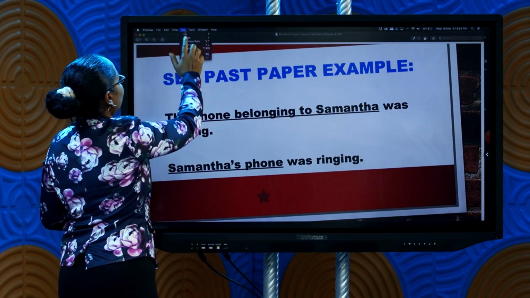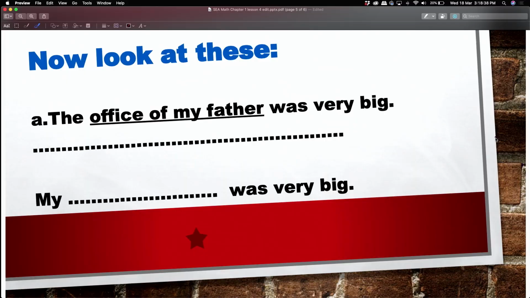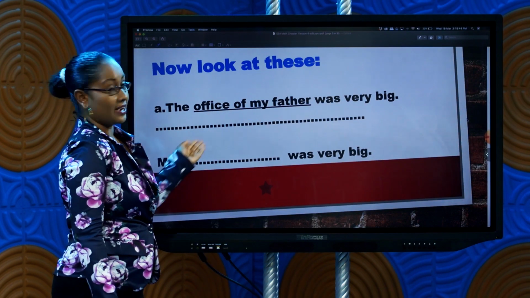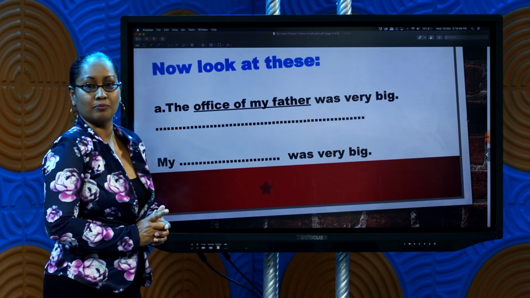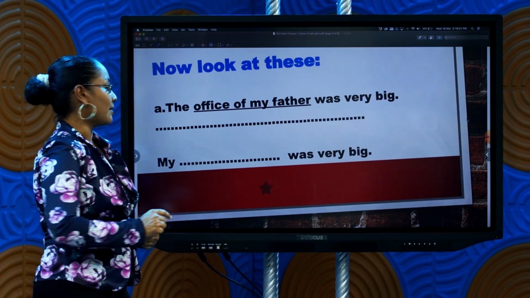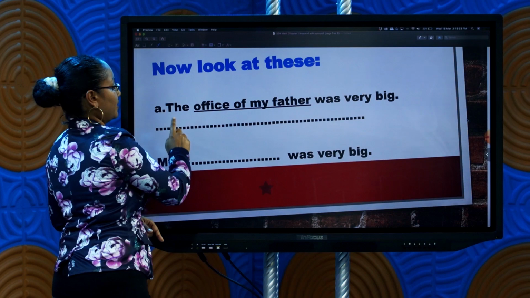So let's go on to other examples. Now let's look at this example. The office of my father was very big. Yes, we know my father has an office, but how do we put this in the possessive form for you to write in your SEA exam booklet? Well, let's take a look at this.